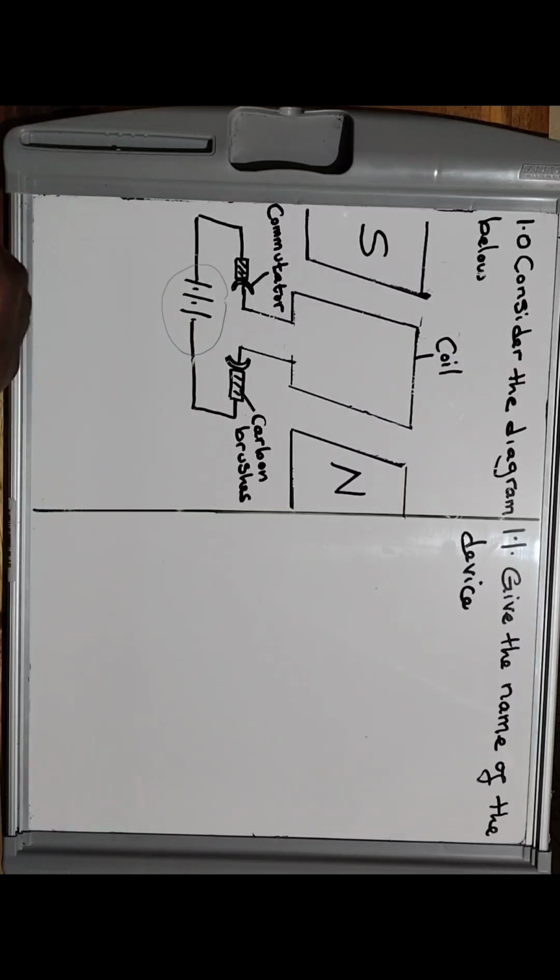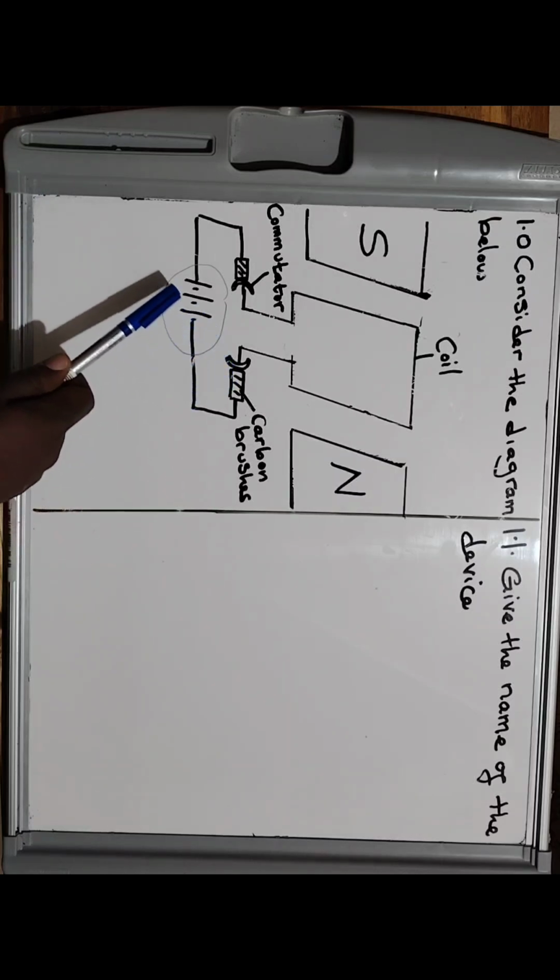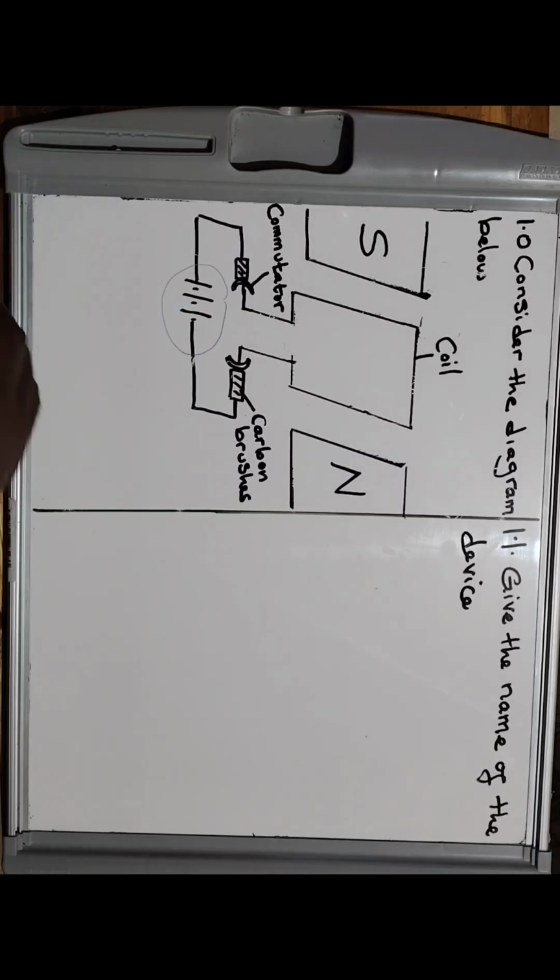The presence of the battery confirms that we are dealing with a motor. So the device is a DC motor because it has split rings and it has the battery.